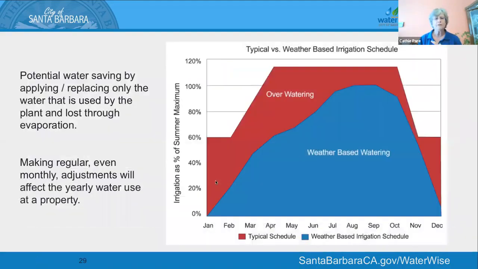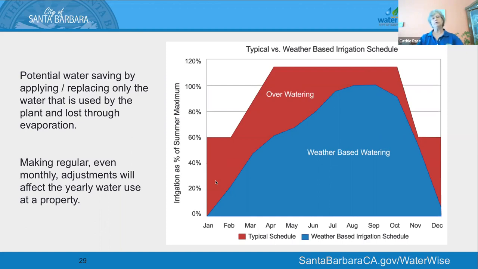All right, let's go to the next slide. And this is a great picture. It shows people who don't change their irrigation. The red is typical, what we used to see. You turn it off in January, you turn it on in March or April, it waters exactly the same all summer long until November, and then you turn it back off.